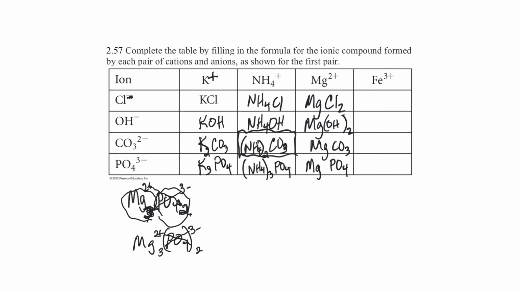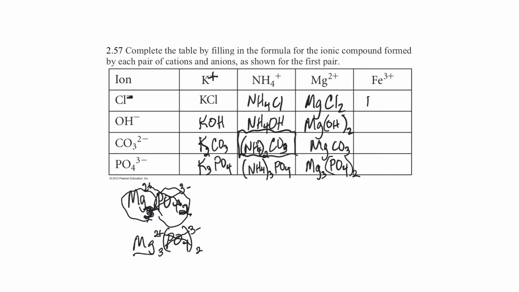See, we don't have a problem here with magnesium because that's just one element. But this -3 is not just the oxygen. It's the phosphorus and the oxygen together as one thing. And so if I'm doubling that thing, all of it has to be doubled. And so I need parentheses. So that means this is going to be Mg3(PO4)2.